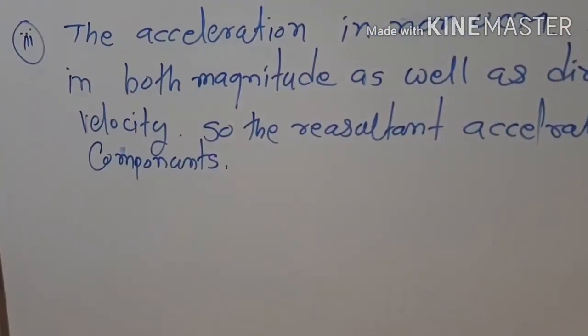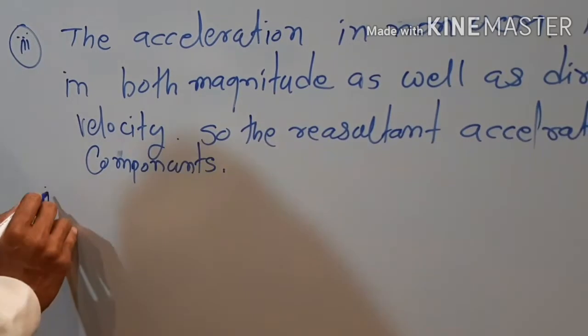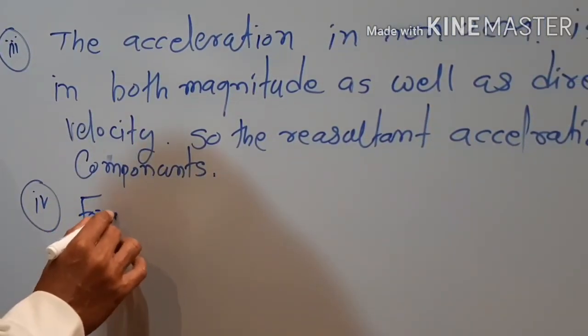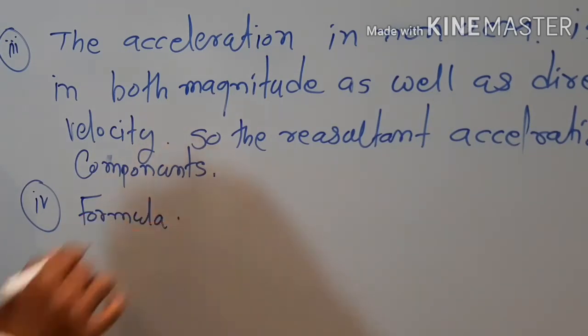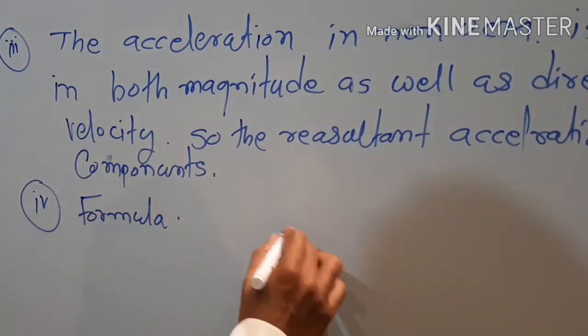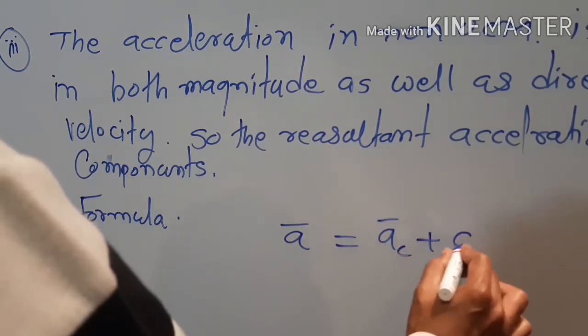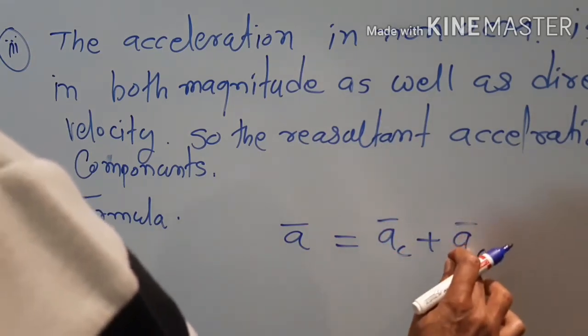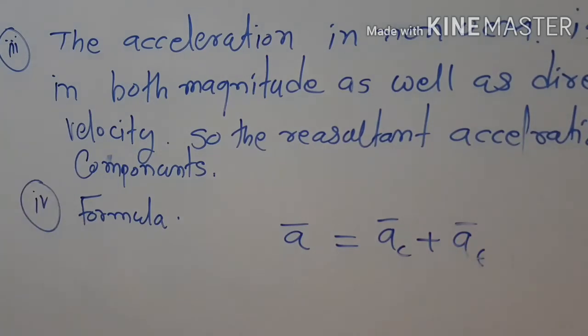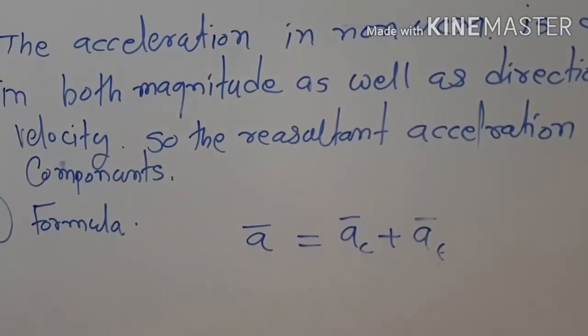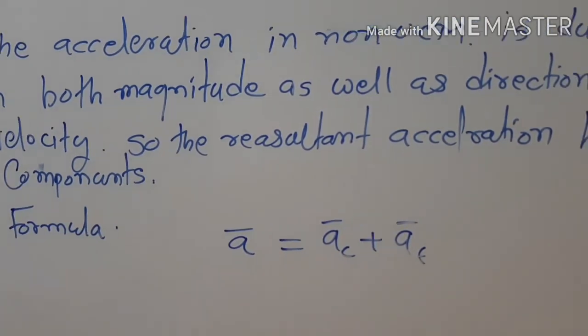Now, our fourth point is formula. A bar is equal to AC bar plus AT bar. Write down this formula.